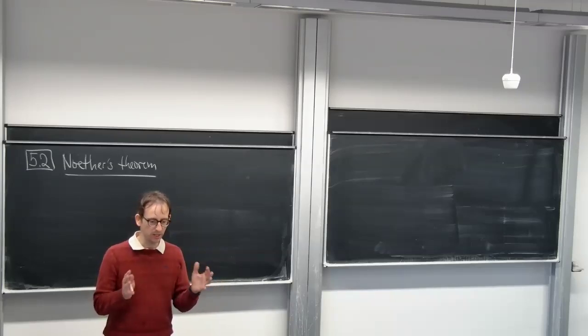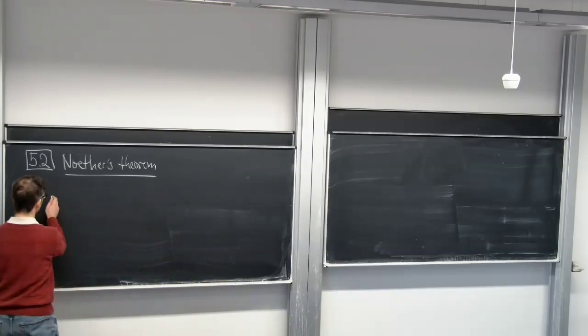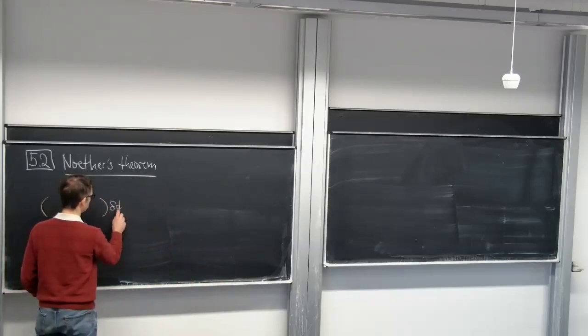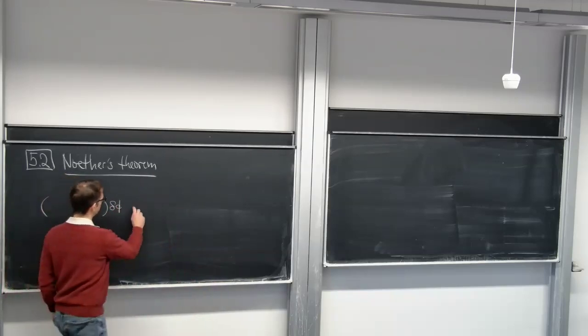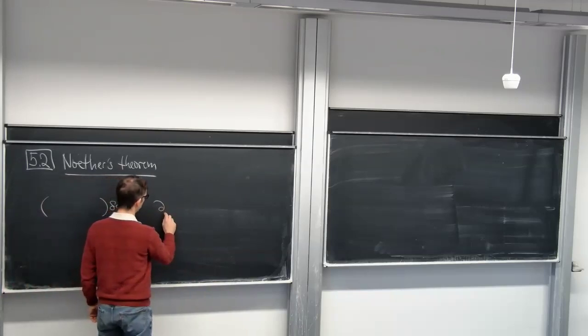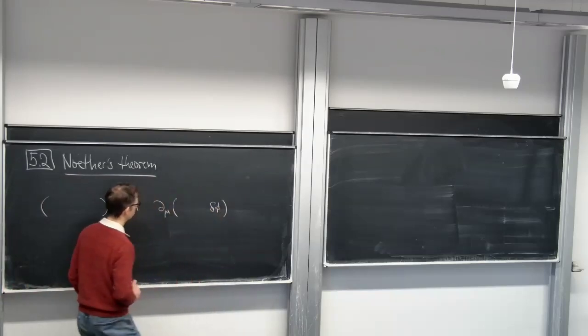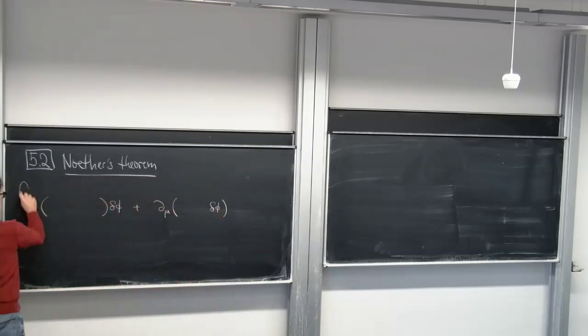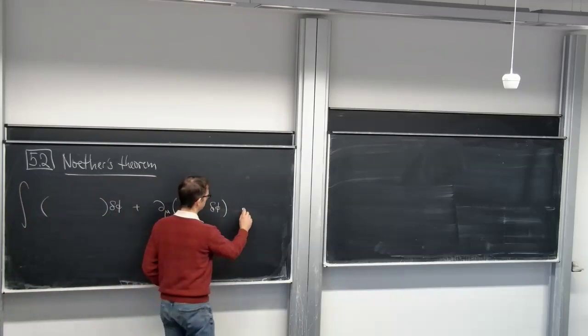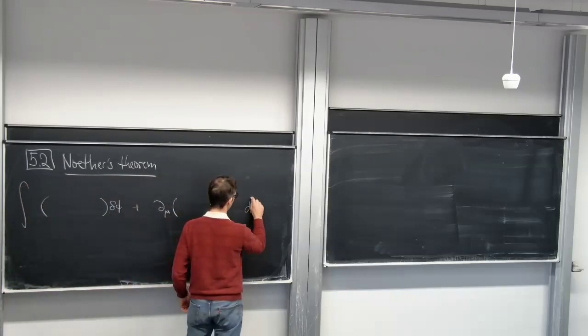Then you end up with something multiplying the variation of the fields, and something that is a derivative with the variation inside. And all of this is under the action integration, for x in our case.